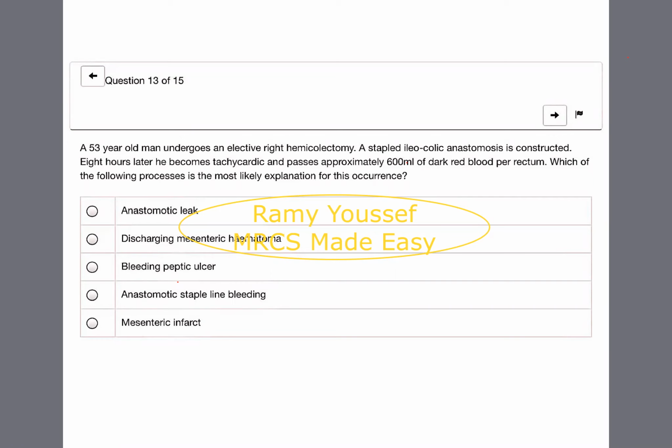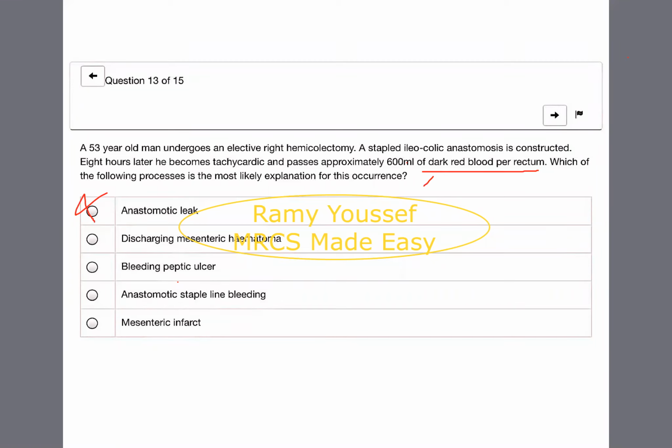We used a stapler, so this is anastomotic staple line bleeding, by exclusion. We don't have an anastomotic leak, no discharge. This is dark blood.